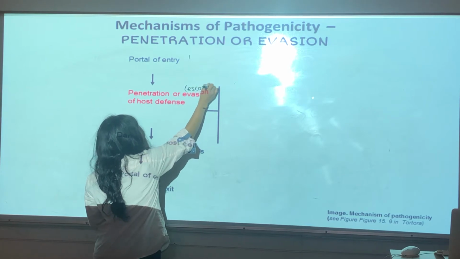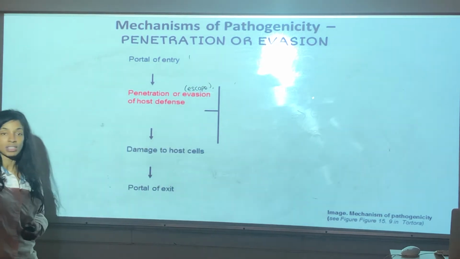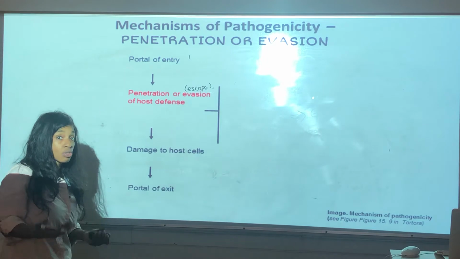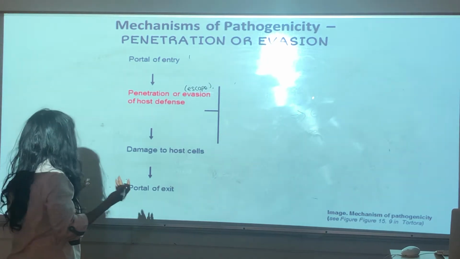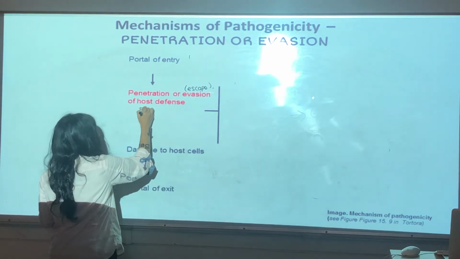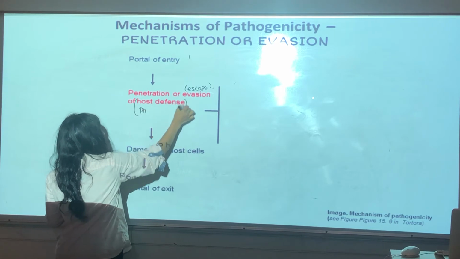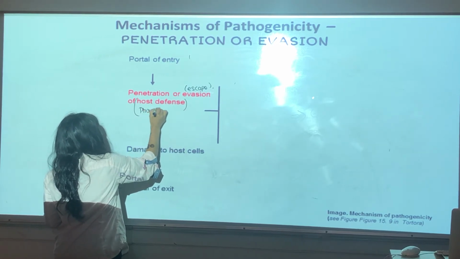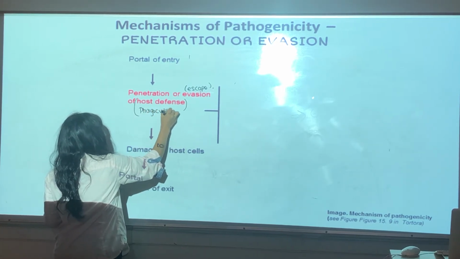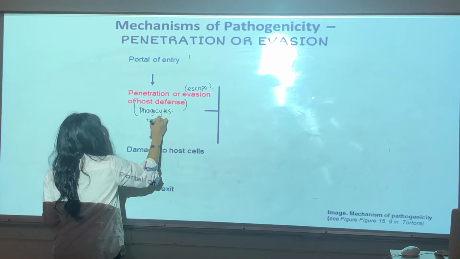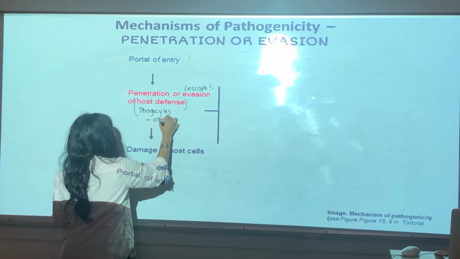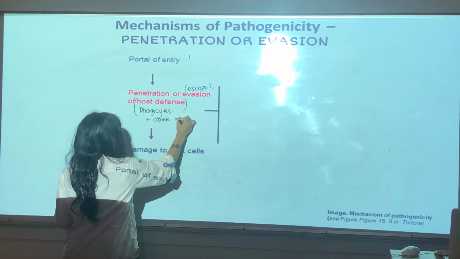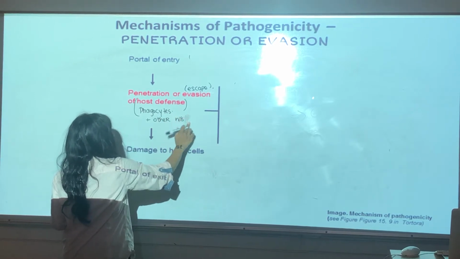What host defenses are we trying to escape? Mostly those phagocytes, the white blood cells that are trying to eat our bacteria, and other white blood cells. So they're trying to get past the other host defenses.